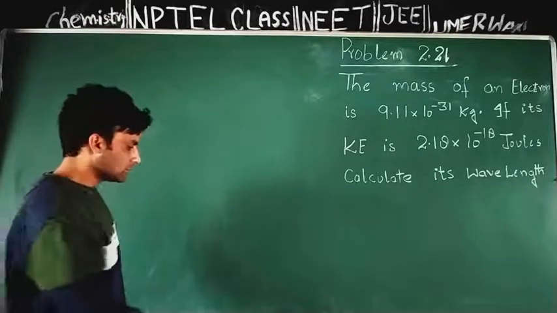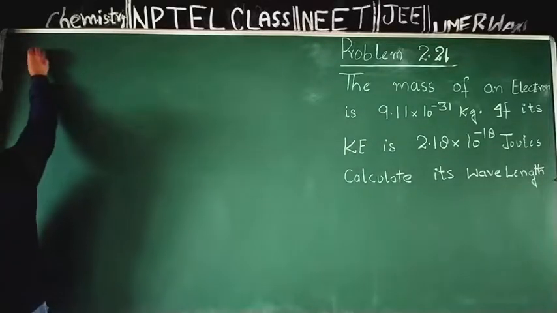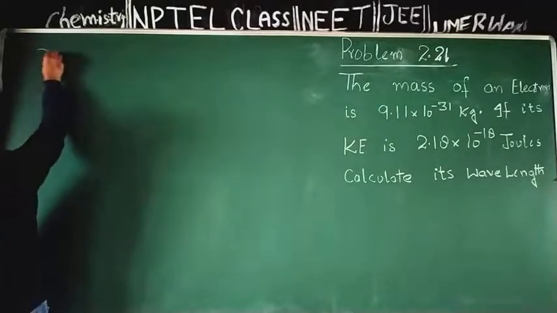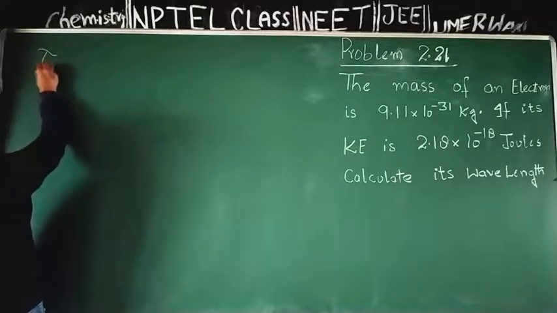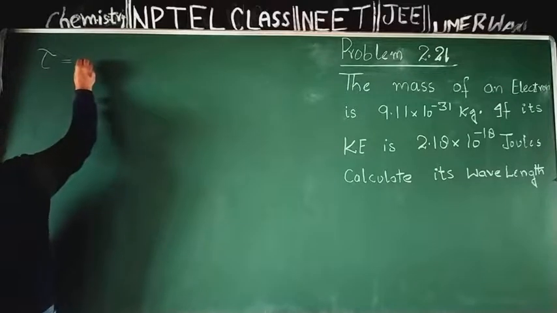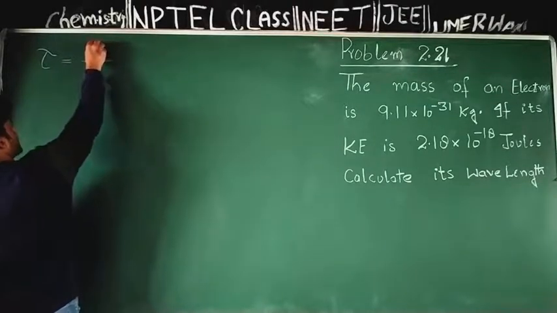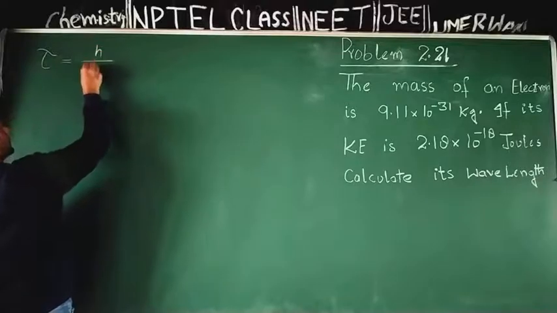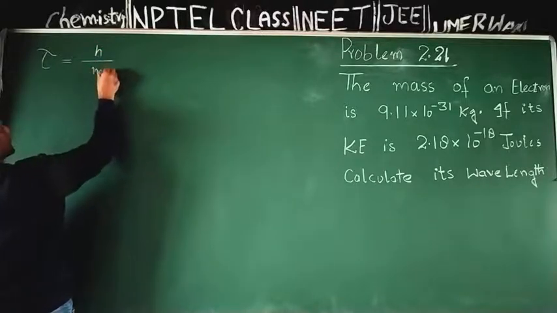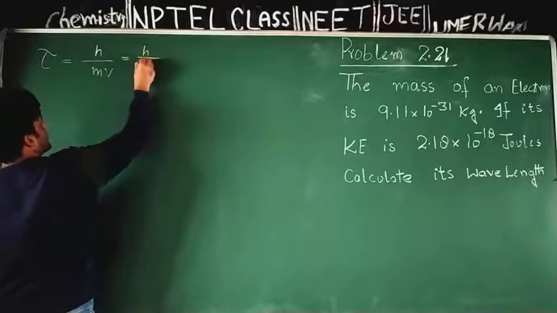and the exact equation that gives the wavelength of the wave associated with a material particle, for example an electron in motion, is lambda = h/mv, or lambda = h/p.